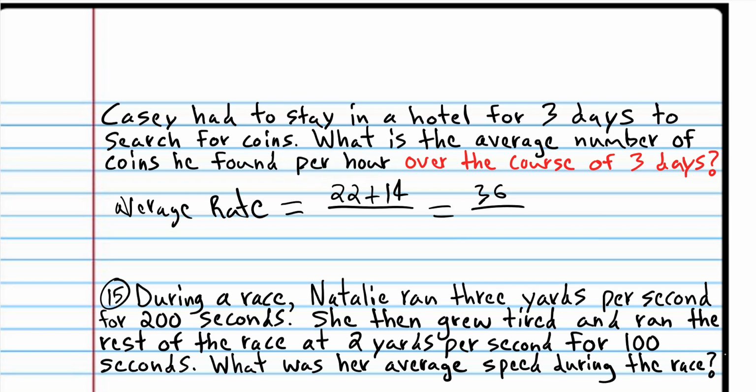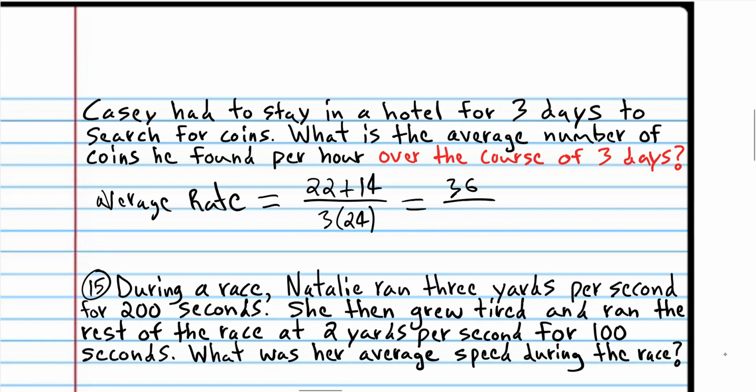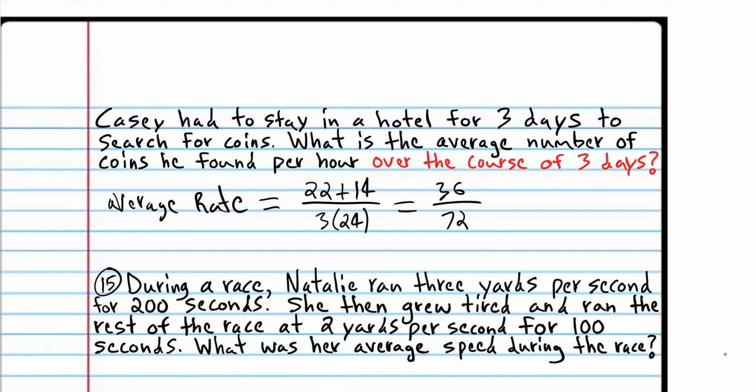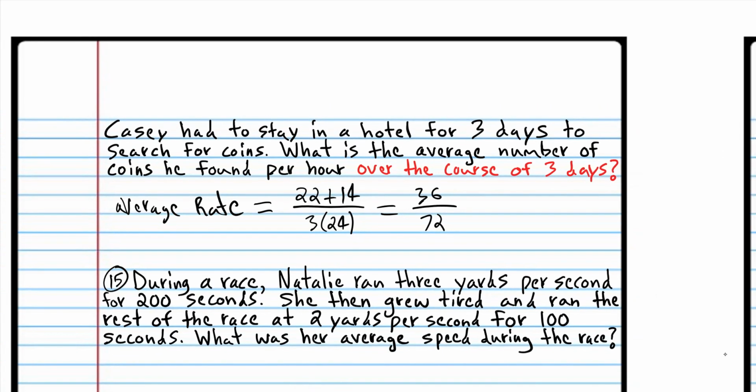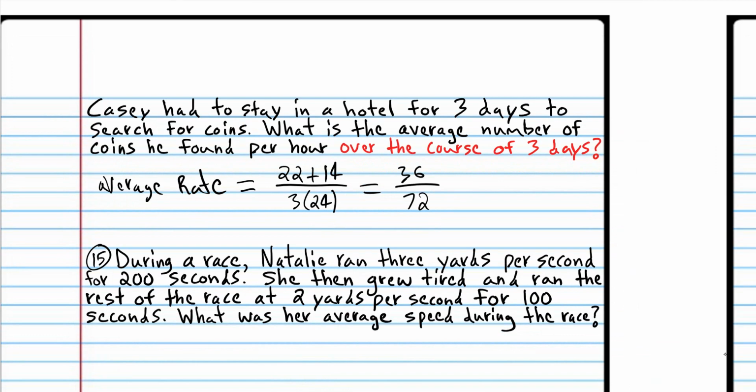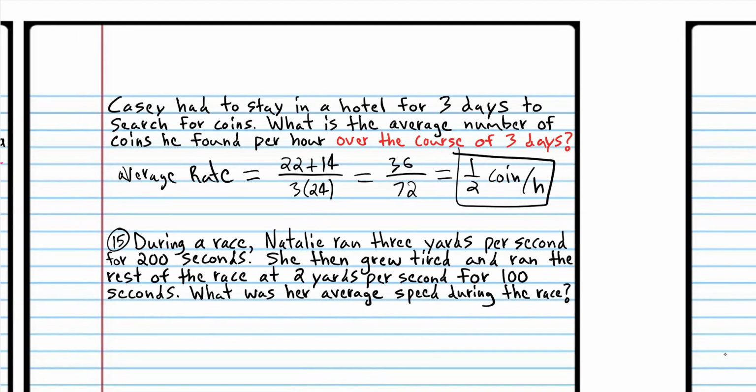So we have to take 3 and multiply it by 24, because there's 24 hours in a day, so there's 72 total hours during that 3-day period. And we get 1/2 coin per hour. So if we want to find the average number of coins he found per hour for the entire trip, it comes out to only 1/2 coin per hour.